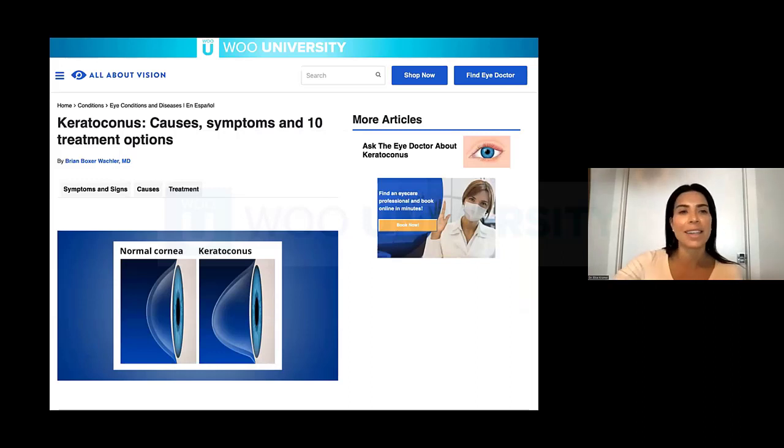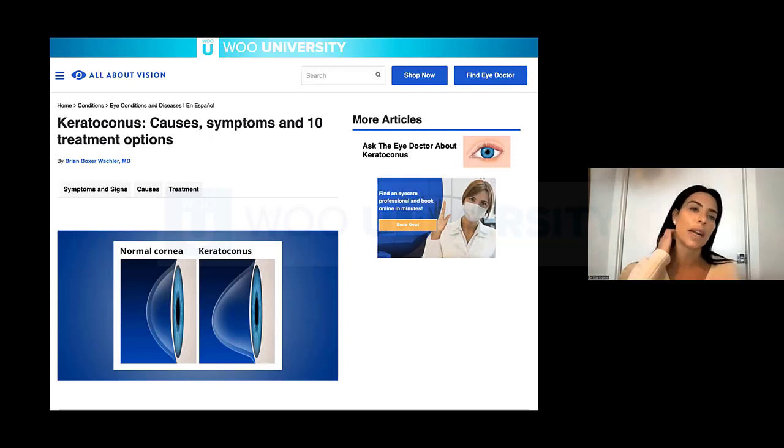Another website, there's a lot, but these are all really great and distinct in their own way. So I like All About Vision a lot. And again, this is for your Googlers. You send patients to reliable websites where they can learn about symptoms and signs, causes, treatments, also available in Spanish.